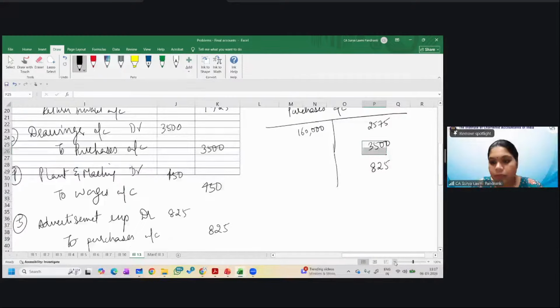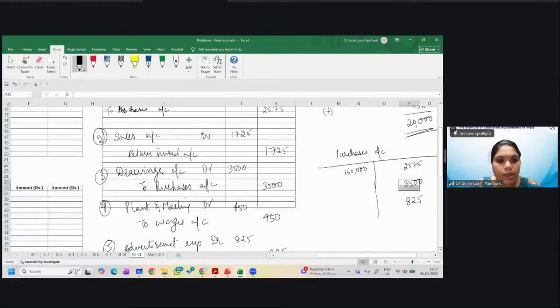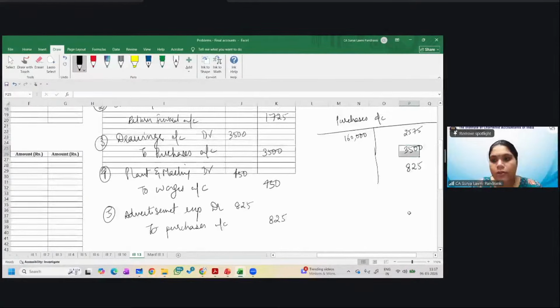No? So we have one purchases, the third entry also purchases, and the fifth one is also purchases. Yeah. What is the balance in purchases account? I got two different answers. Just quickly check again. Is 153,100 correct or 153,500 correct? I got two answers in the chat box.